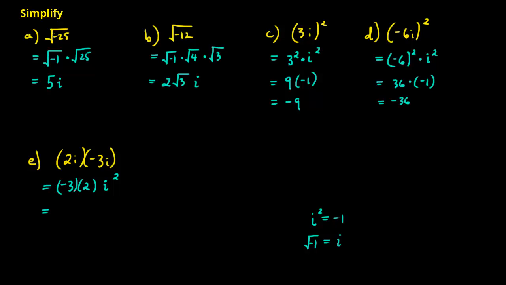So I have negative 3 times 2, which is negative 6. i squared is just negative 1. So I've got negative 6 times negative 1. It's a little bit redundant to write a dot there, because I've got the negative 1 in brackets, so I can just write this as negative 6 times negative 1. Now, negative 6 times negative 1 is just positive 6. So 2i times negative 3i simplifies to positive 6.